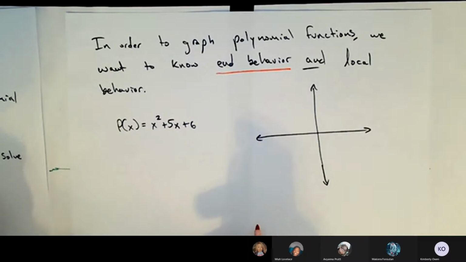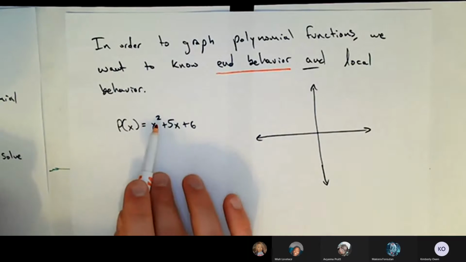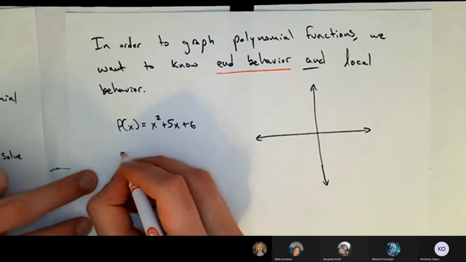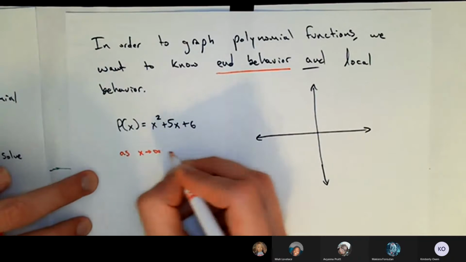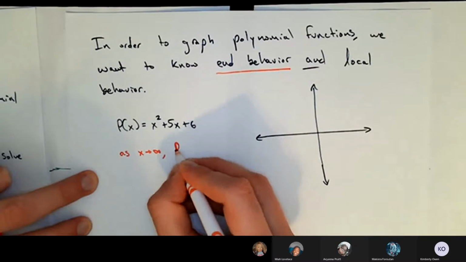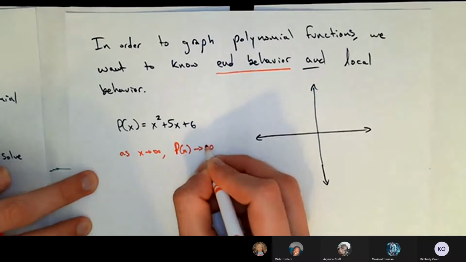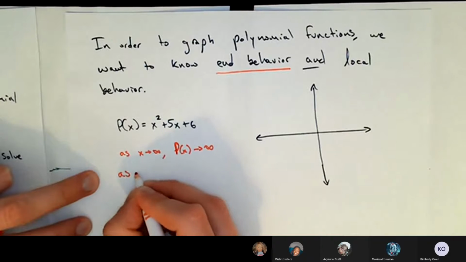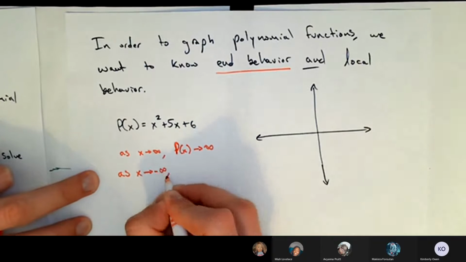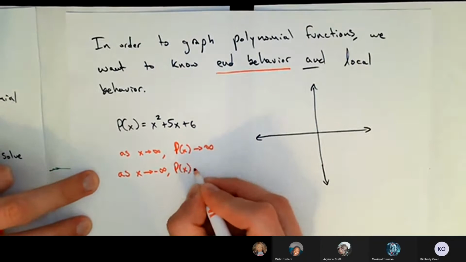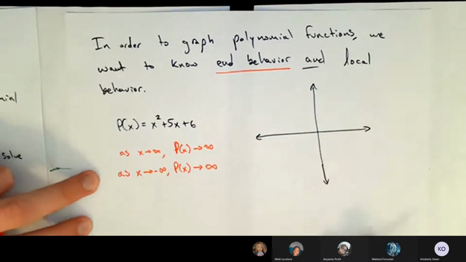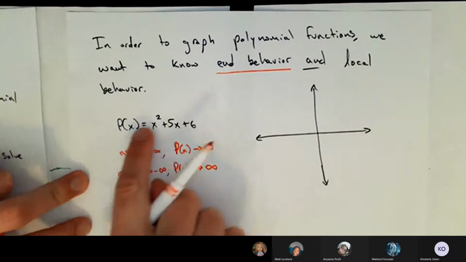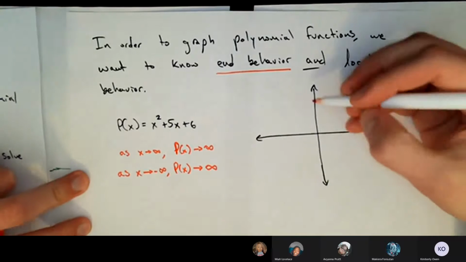Since its degree is even and it's positive, I know that as x tends to infinity, p of x is tending to infinity. This is from the page of notes that I gave last time, so I won't rewrite them all, but this is the way to interpret the end behavior.